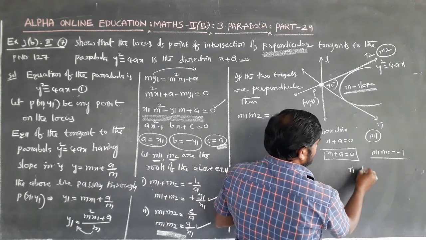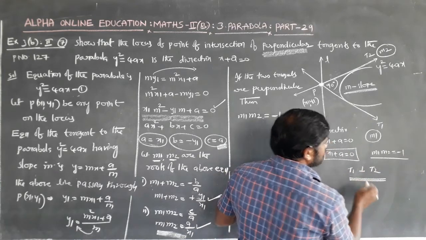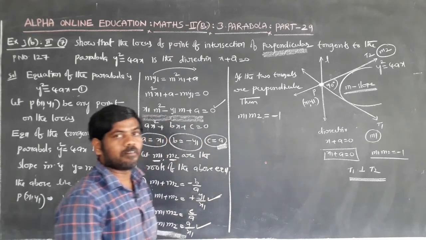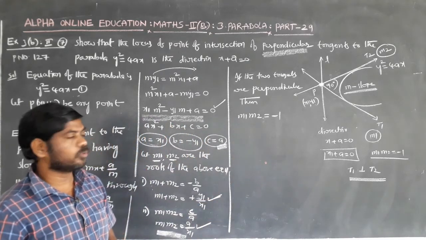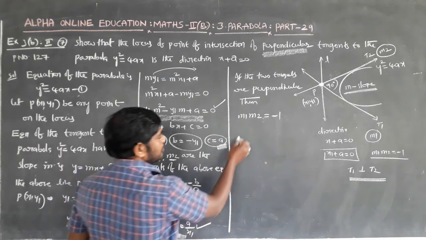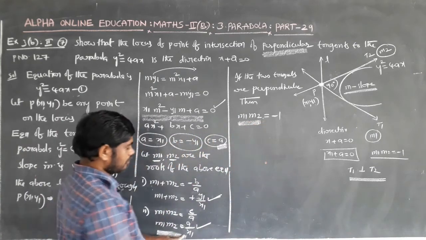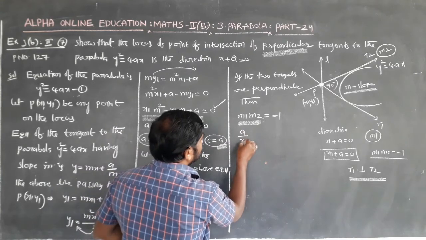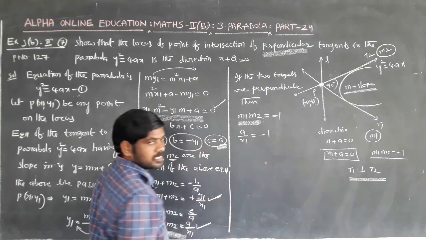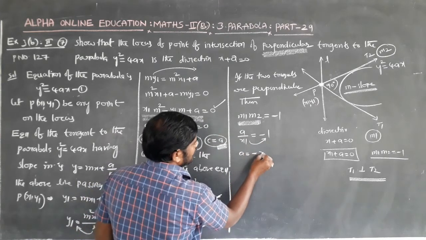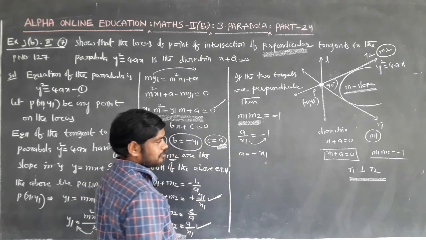Here the first tangent is perpendicular to the second tangent. So if two lines are perpendicular, then the product of their slopes is equal to minus 1. Substitute the m1 into m2 value: m1 into m2 is equal to a by x1, which is equal to minus 1. Taking x1 to the right side, a is equal to minus x1.